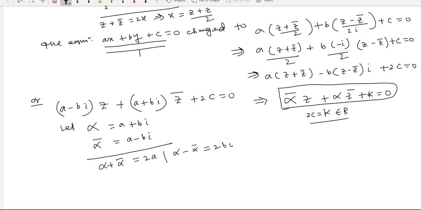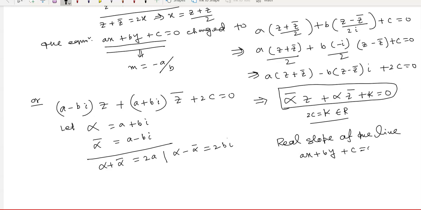For this line, the slope is given by what? Minus a by b. In terms of alpha, I can write the real slope of the line ax plus by plus c equal to 0 as m equal to minus a by b.